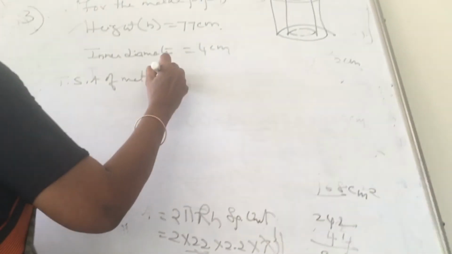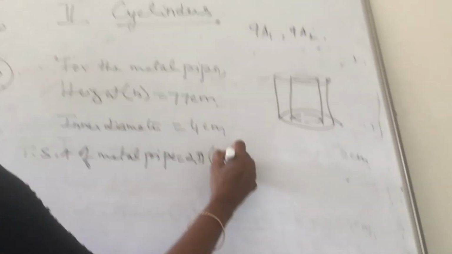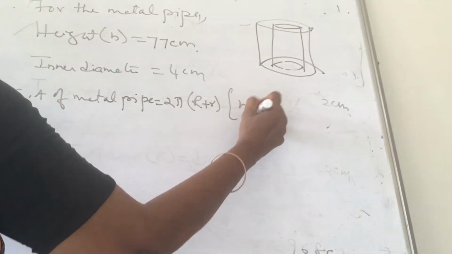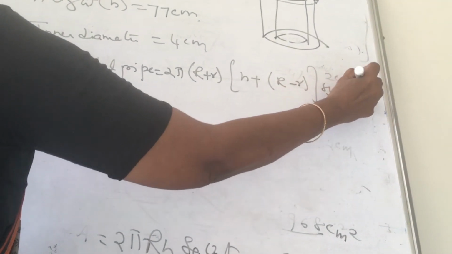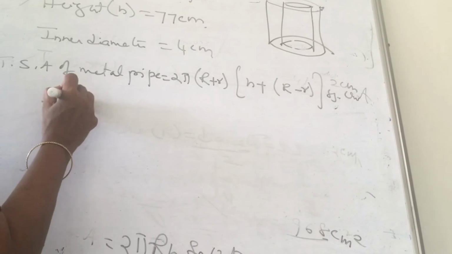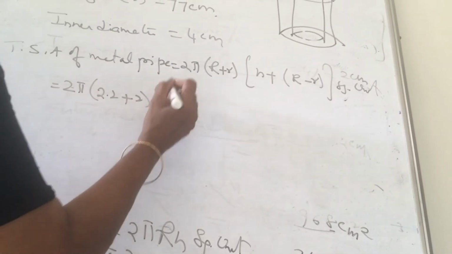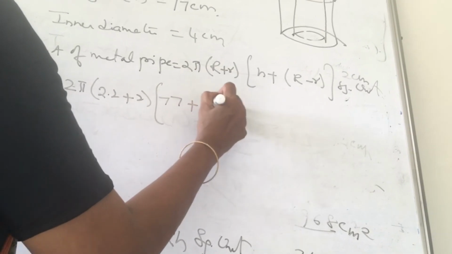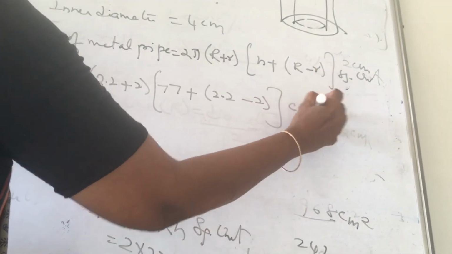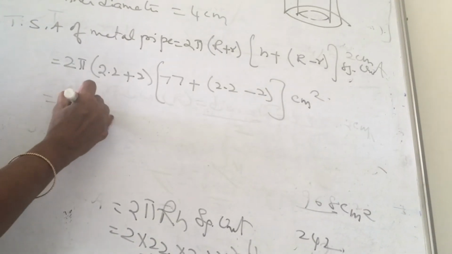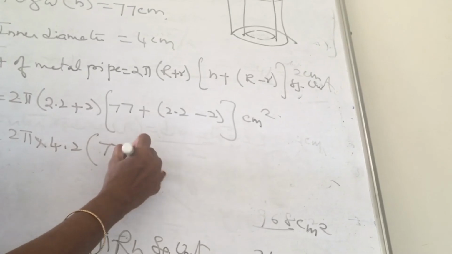It all depends on how you learn the formulas and do, children. 2 pi R plus r into h plus capital R minus small r square units. 2 pi, what is capital R? 2.2 plus 2. H, 77. 2.2 minus 2 centimeters square. 2 pi into 4.2, 77.